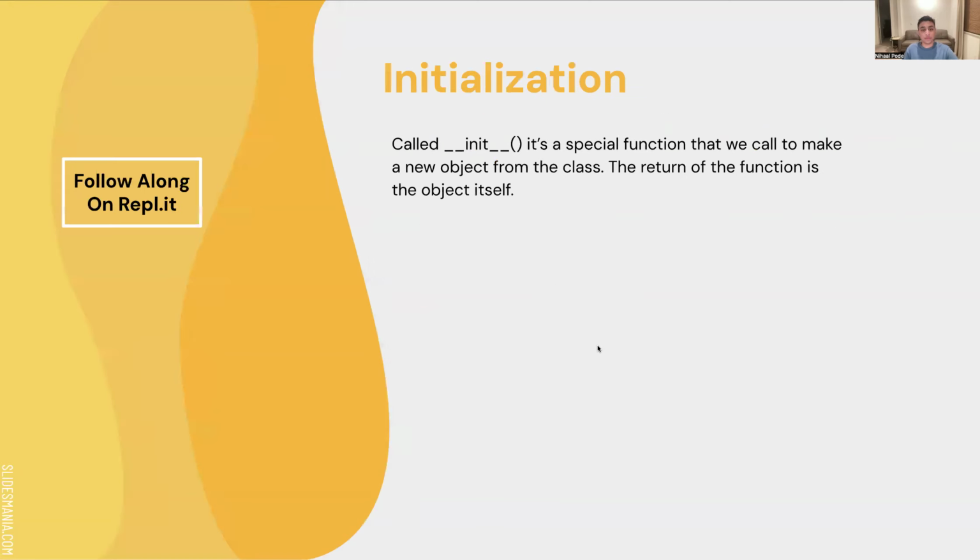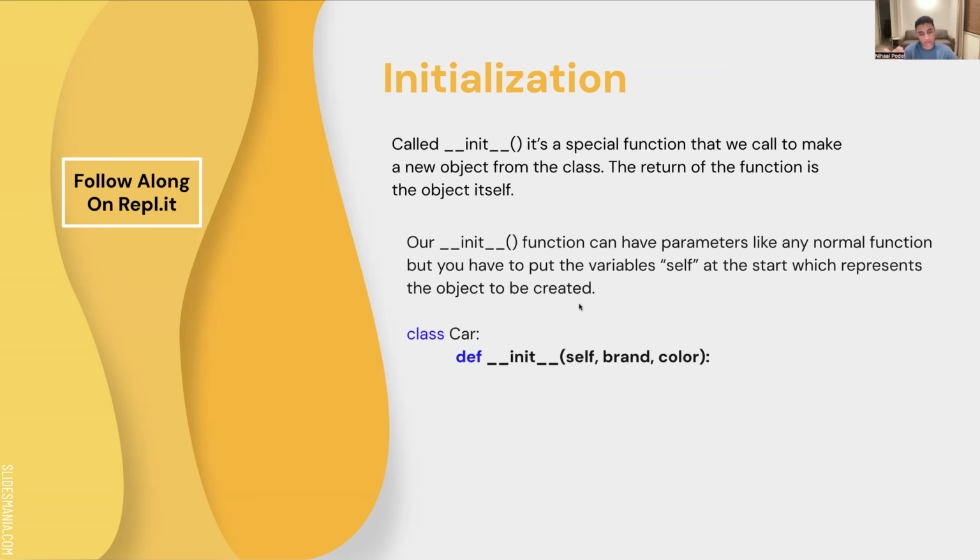Alright, continuing on. Next, initialization. Now we need to use init. It's a special function that we call to make a new object from the class. The return of the function is the object itself. So make sure to follow along on Trinket.io. Please ignore Repl.it, it's Trinket.io.